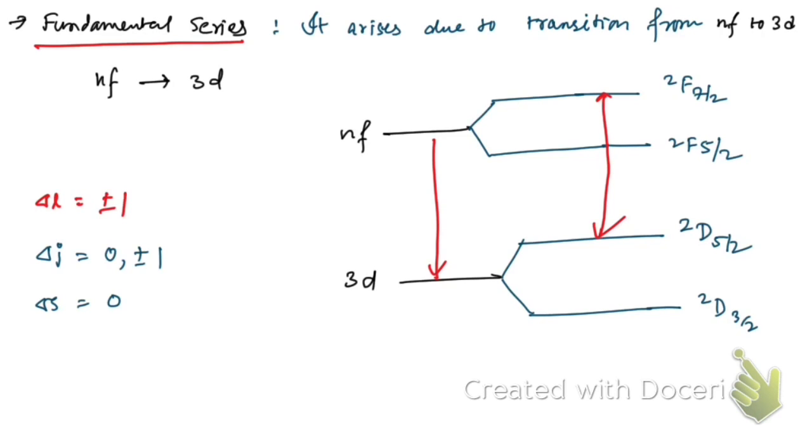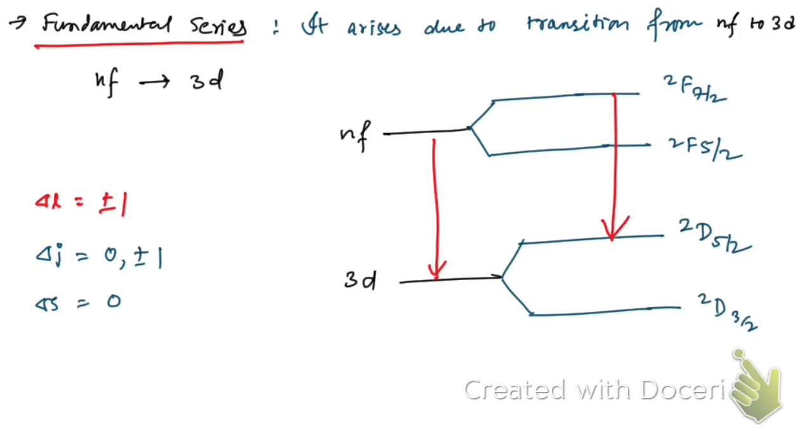Here you see in this case 7 by 2 minus 5 by 2 is equal to 1, so that means del J is 1 in this case. So this transition from this level to this one is possible. So next let me check this one and this one. So 7 by 2 minus 3 by 2 is equal to 2, which is again greater than 1. So transition between this one and this one is not possible.